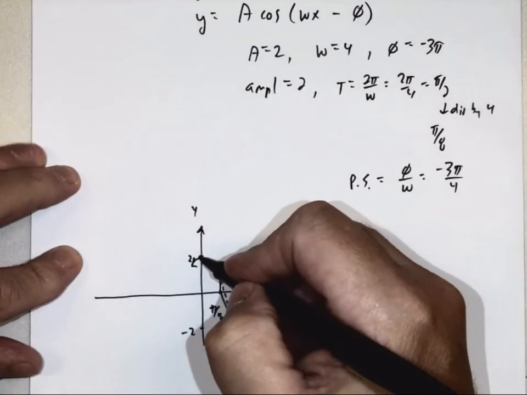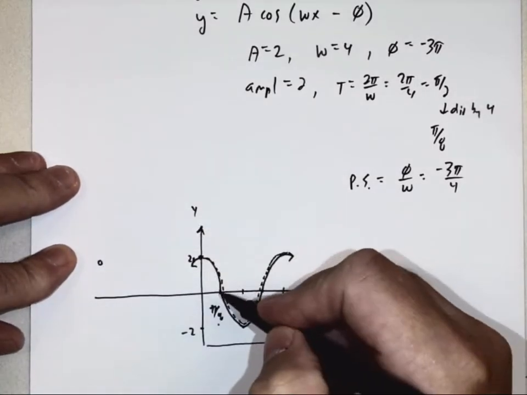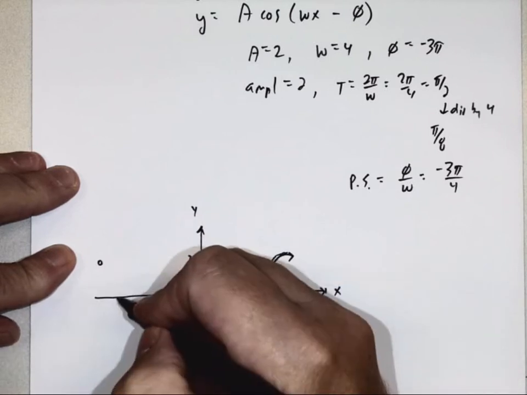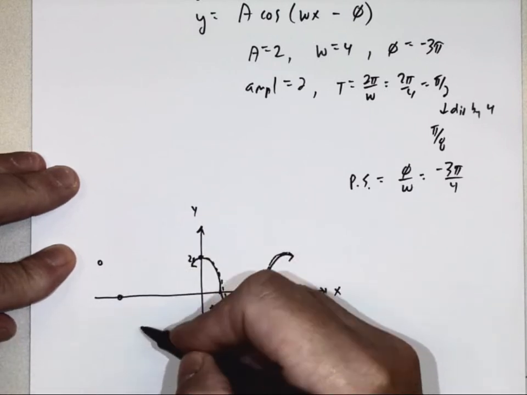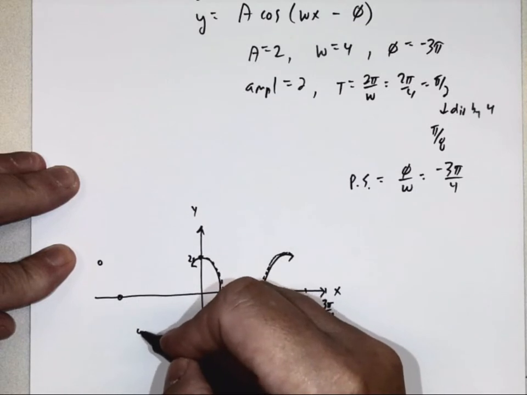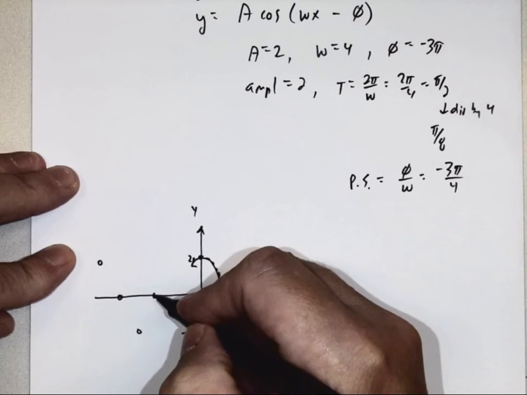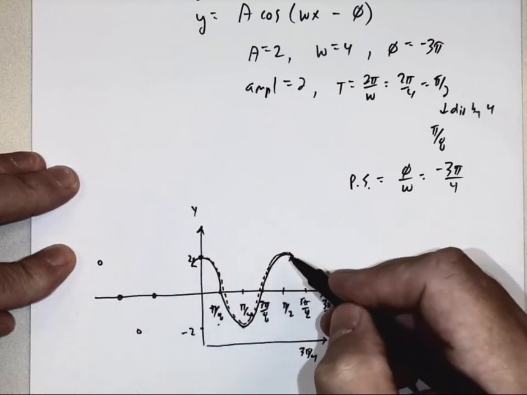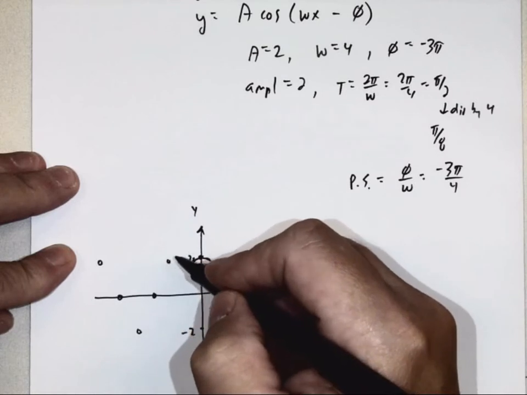So this point ends up going maybe, this is just going to be a rough estimate, maybe this point goes here. This point goes here. This point goes here, maybe. This point goes here, maybe.